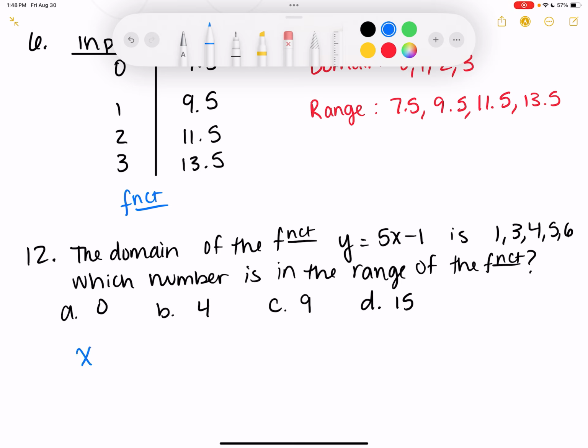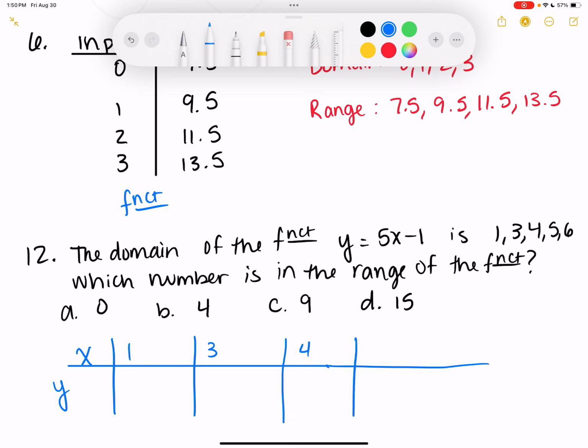So my x values that they gave me: 1, 3, 4, 5, and 6. Y is 5x minus 1.